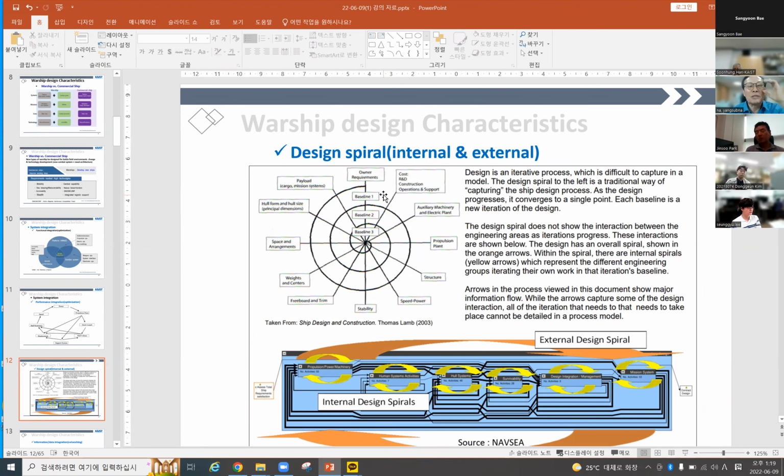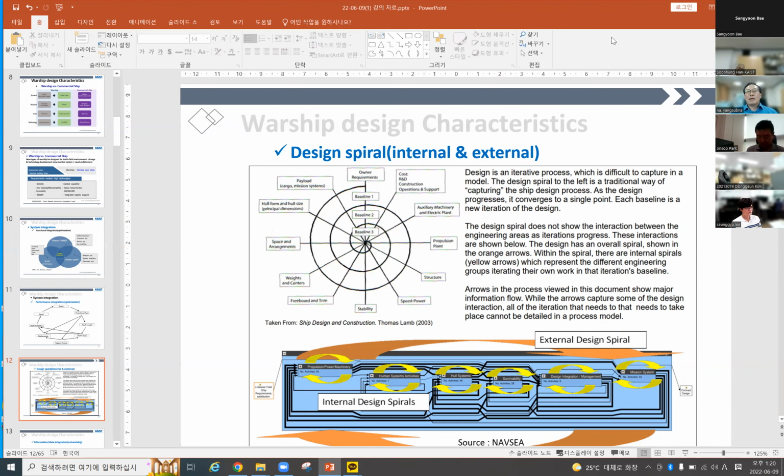So as you see, the owner requirement, payload, hull form, speed, arrangement, weight estimation, stability, speed, and power, like that. From the concept to the details, they converge for the performance of the warships.